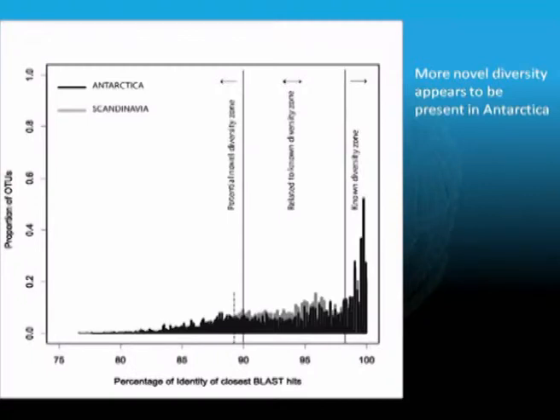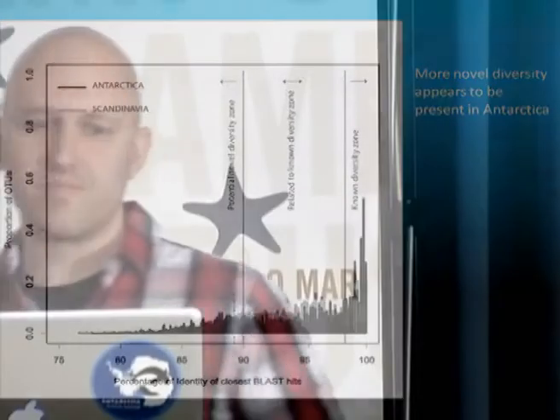What we saw is that there are a lot of things in the known diversity zone, related to known things. And then there's this tail that could be novel diversity found in Antarctica. We've been doing some work with the OTUs present here, and in quite a few cases there might be some diversity which is quite novel and from Antarctica.